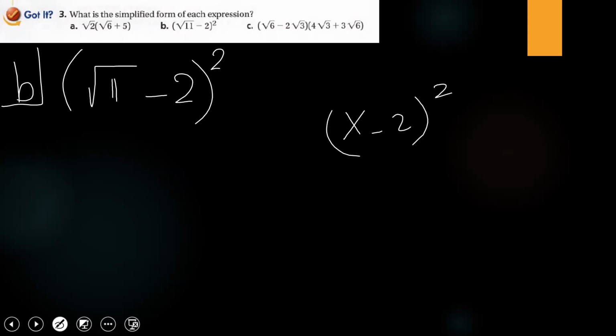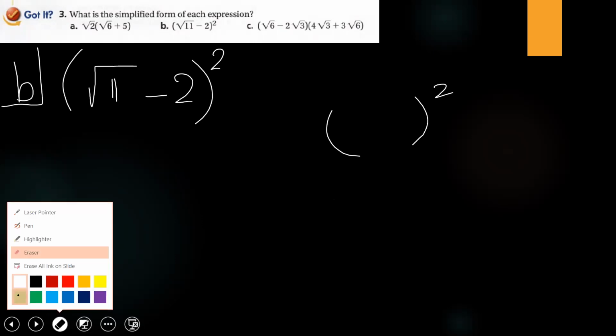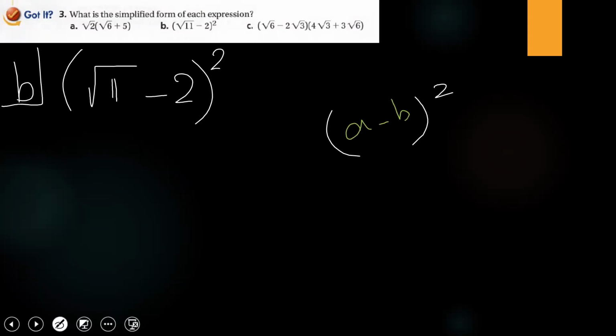For a plus b squared, we say a squared plus 2ab plus b squared. Thank you so much, Farah. Excellent. Here we have a minus b squared. We say a squared minus 2ab plus b squared. You have to memorize them. This is very, very important.